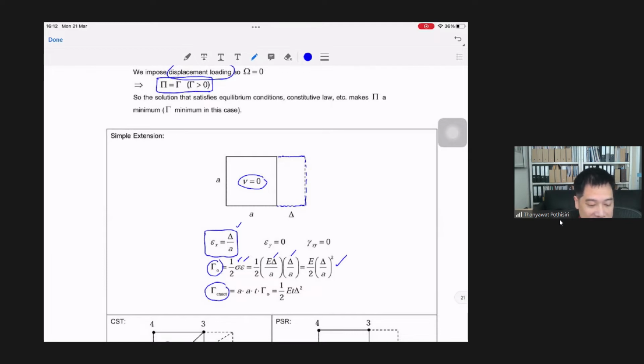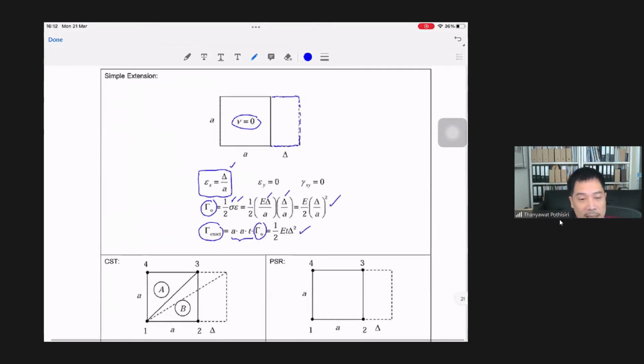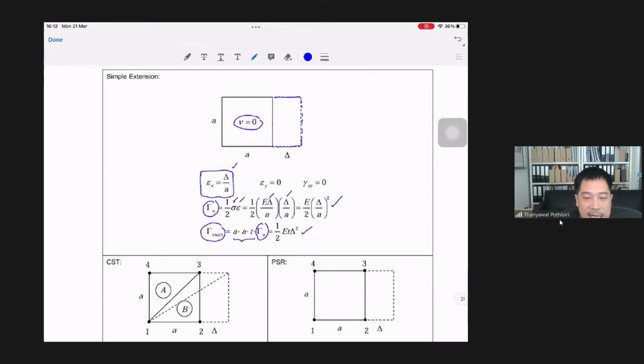So when you try to compute the total strain energy for this body, you integrate this over the entire volume of the structure, right? In computing this integral, because the strain energy density function is constant, you just multiply the volume of this structure with the strain energy density function to obtain the exact strain energy for the simple extension problem.